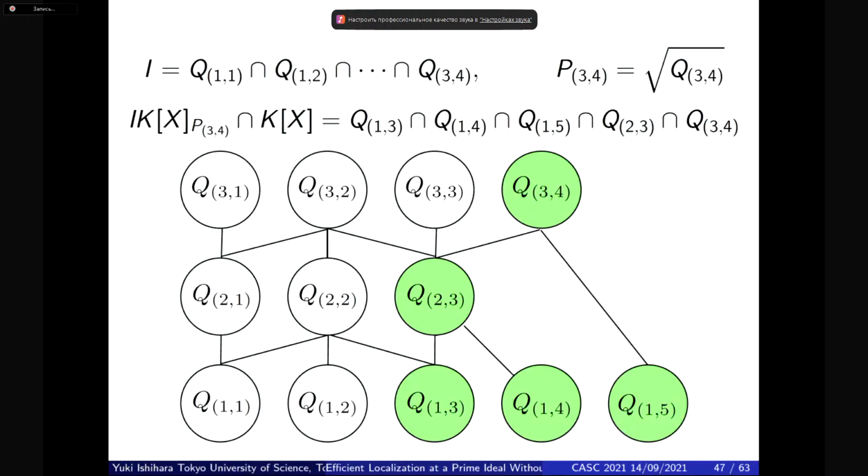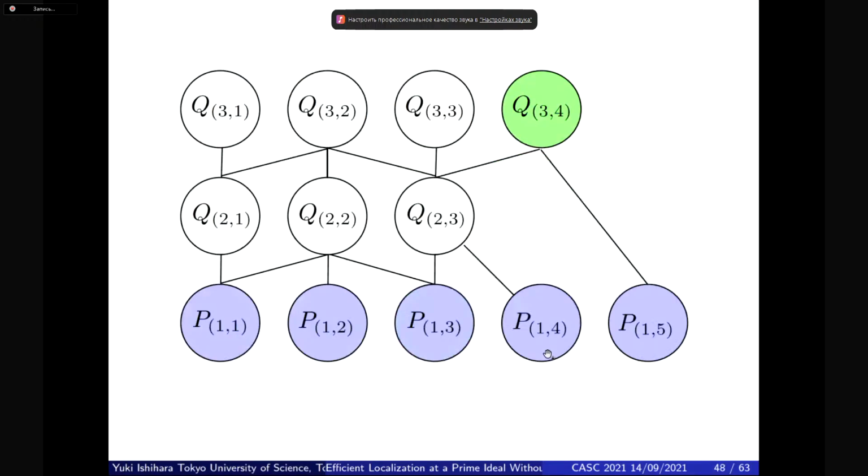So again, the steps of the algorithm are like this. First, we compute the isolated parameter divisors of I, then eliminate unnecessary parameter divisors.